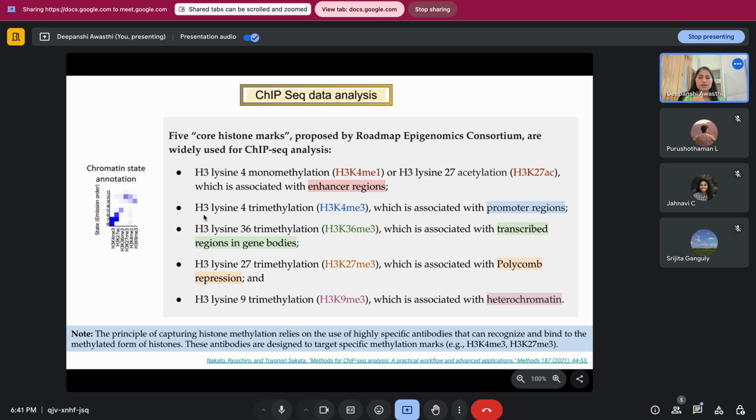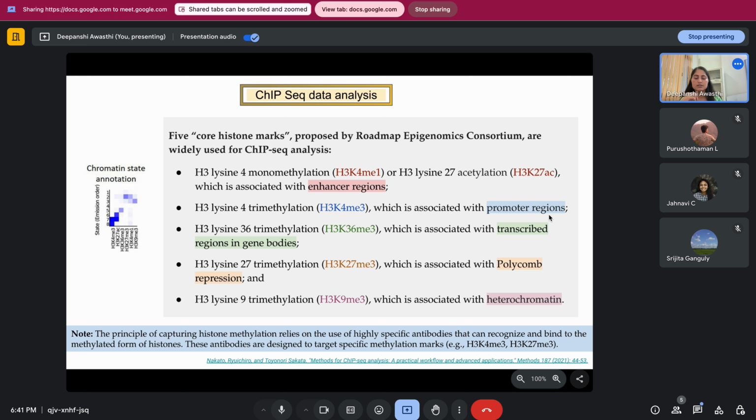Then the second is histone 3 lysine 4 trimethylation. If this fourth lysine, which was previously monomethylated, is trimethylated, then it is associated with the promoter regions. Promoter regions are the regions which are present just before the gene, and to these regions the transcription factors bind, and then it will start the transcription and translation further on.